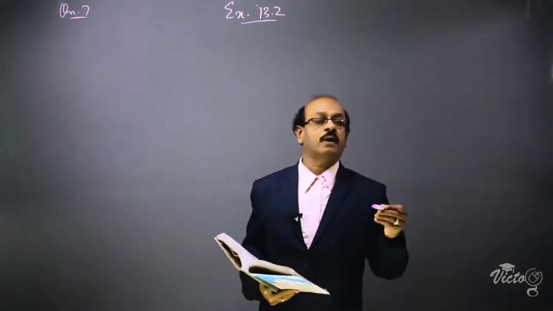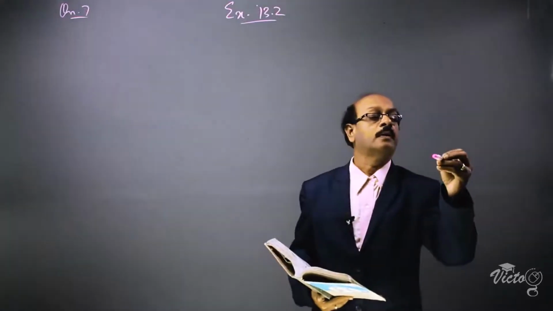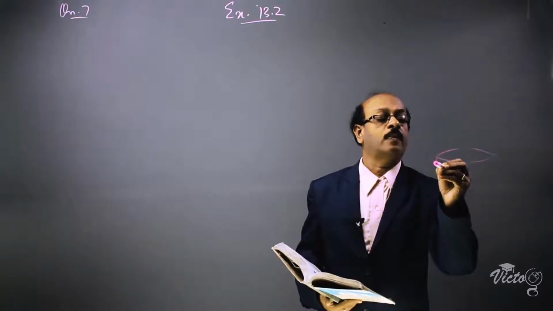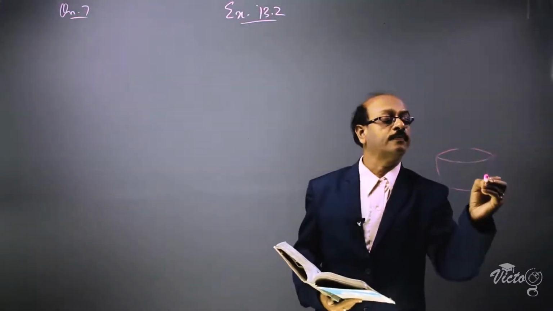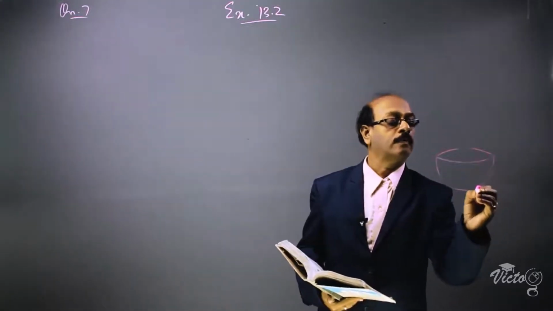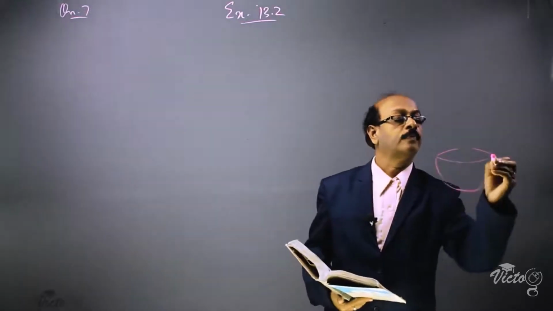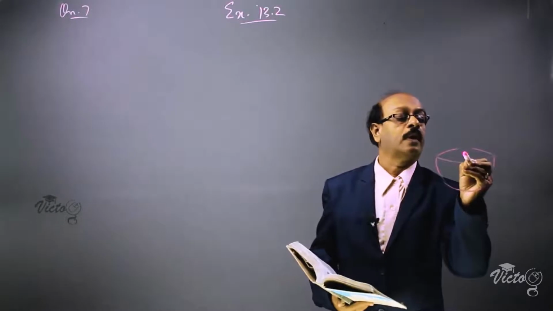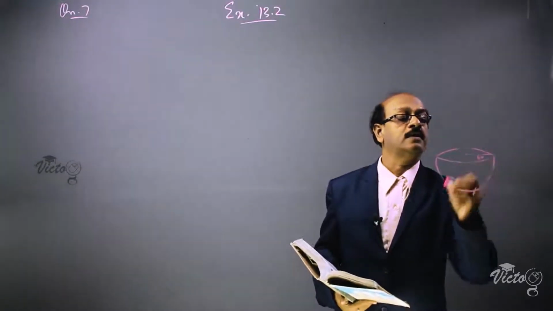Okay. The figure here is a hemisphere which is of the shape like this. The radius is given to be 60 centimeter.